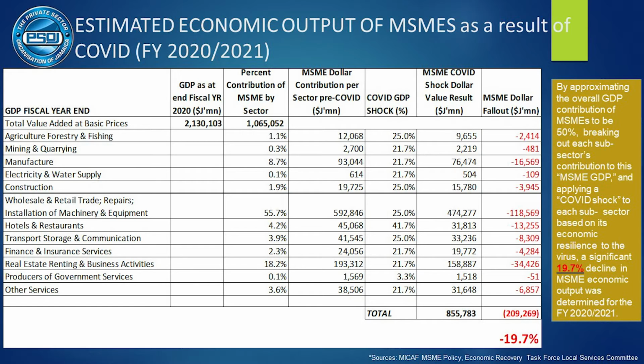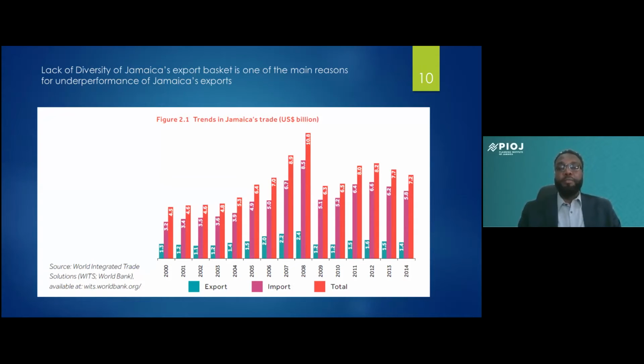With that particular outturn, we turn our attention to the fact that there is a lack of diversification across the Jamaican economy. And this is one of the things that we recognize as a result of the pandemic. The pandemic has caused a shift in what we, as economists, look at to ensure that we have sustainability. And for Jamaica, one of the issues that we face is a lack of export diversification across the basket, as seen here by this particular table.